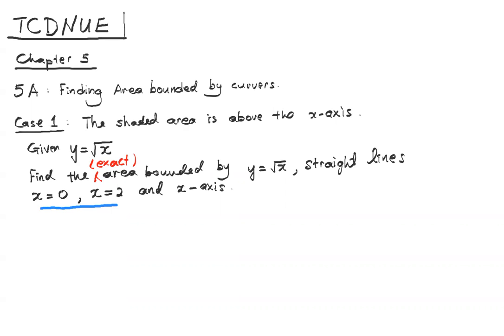So instead of put 0 to 2, you can put a bit more, correct? So when you go to the window, everyone, you should have a graph that looks like this. If I'm wrong, please correct me. Am I right? So this is your y equal to square root of x. So the area that we are talking about is here. Correct?